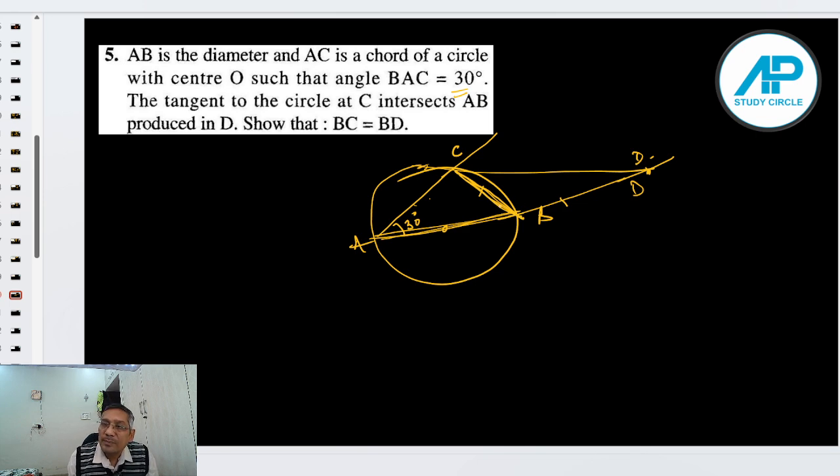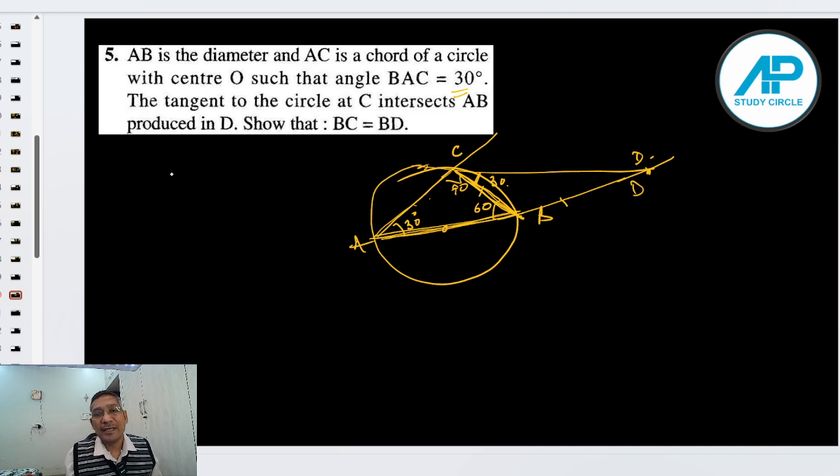This chord BC is getting angle BAC at the circumference, and this angle is in the alternate segment of the chord BC with the tangent. So this angle DCB is 30. This angle is going to be 90. That gives us this angle as 60.